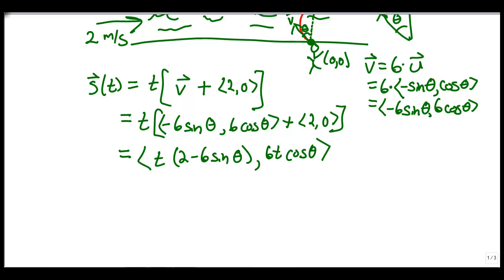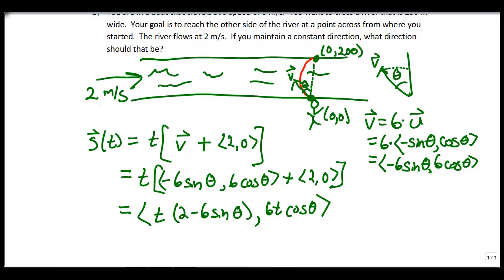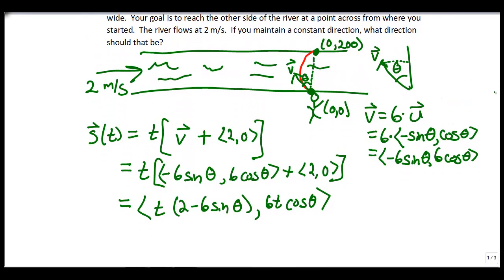And really what we're trying to find is theta. Now what we're going to have to use is that at this point at the end, this is 0, 200. So what we can say here, well, these t's are just going to keep increasing. We need to find a theta that makes 2 minus 6 sine theta equal to 0.